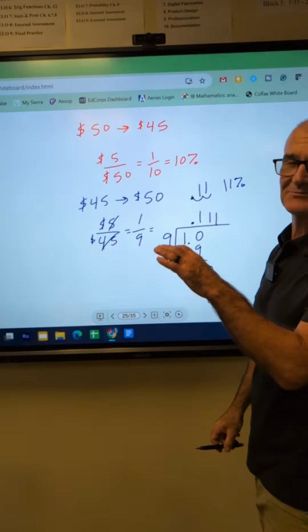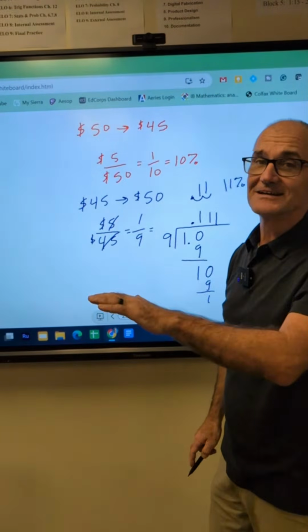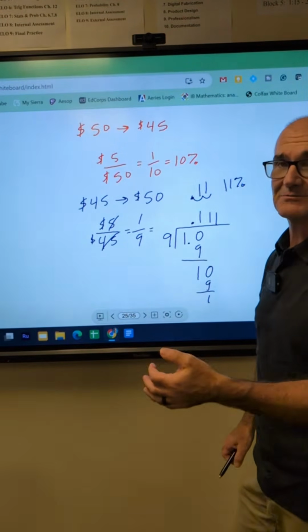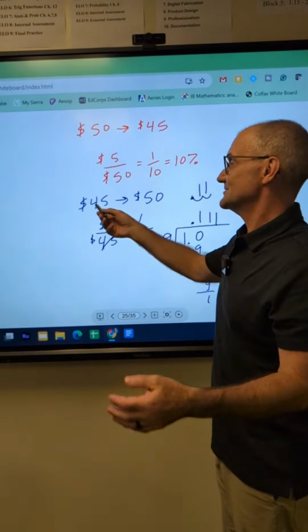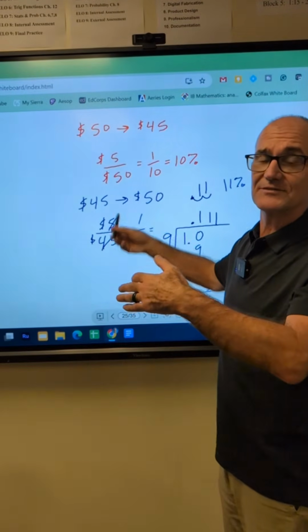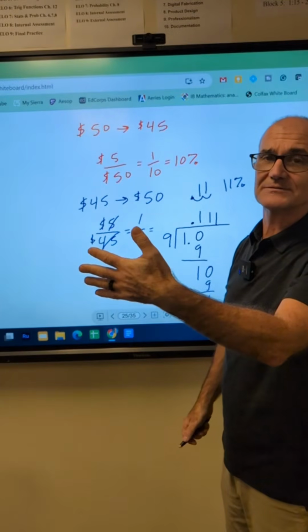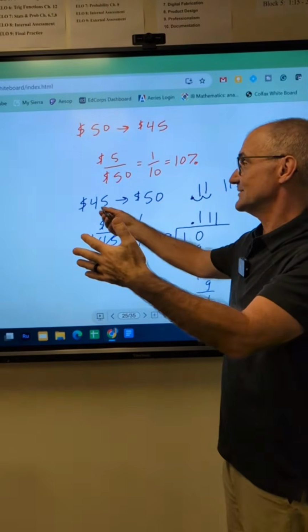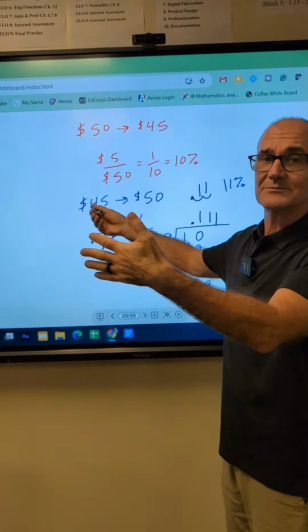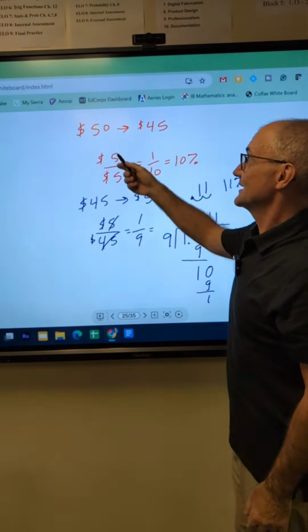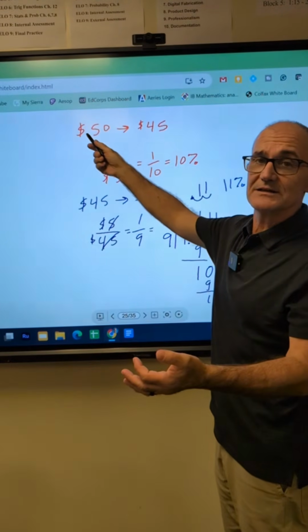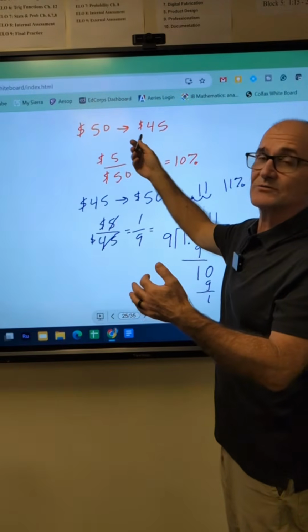So this is one of the percent questions. They do this a ton in arithmetic reasoning word problems. If I buy that shirt for 45 and I sell it for 50, I made $5 profit. That $5 has to be divided by the first number. If I had a shirt for 50 and I sell it for 45, what is the discount?